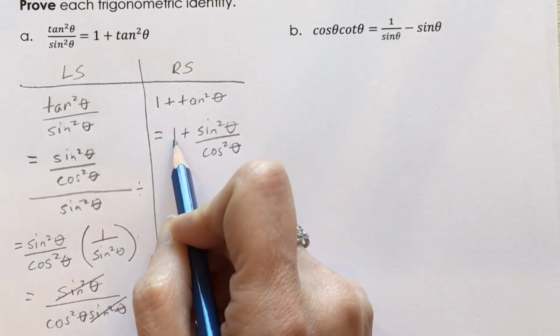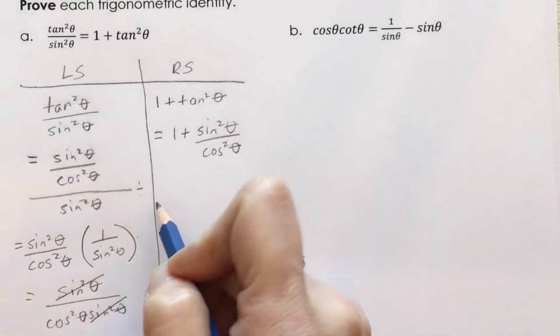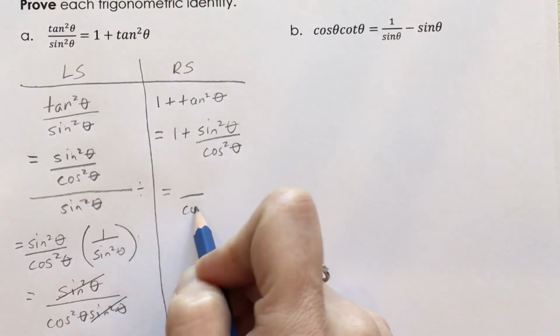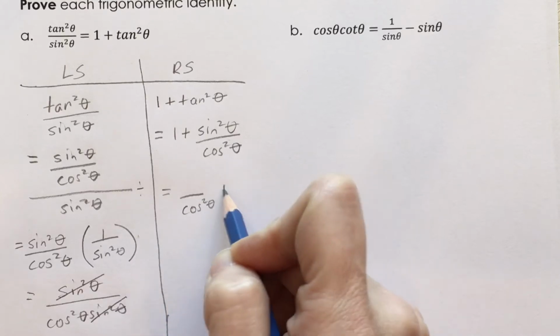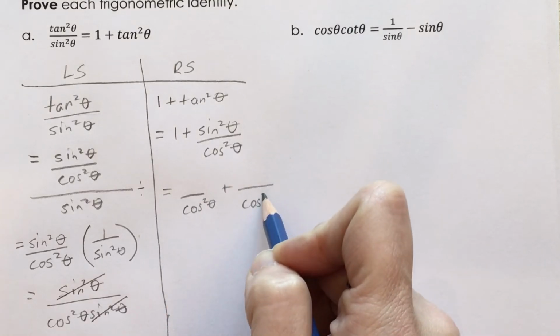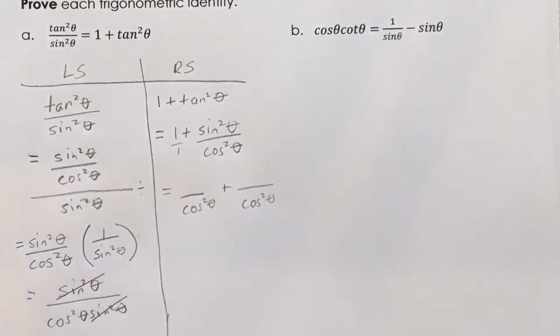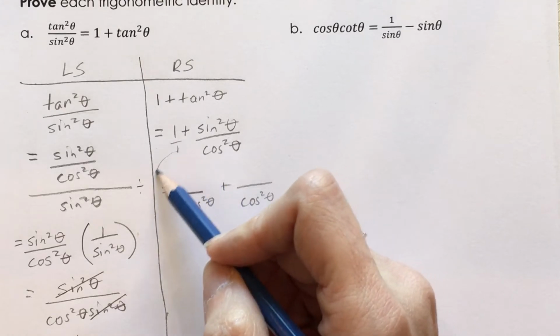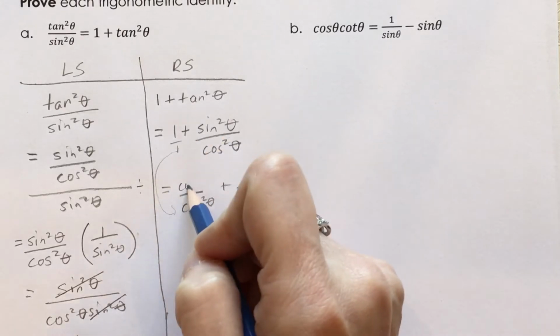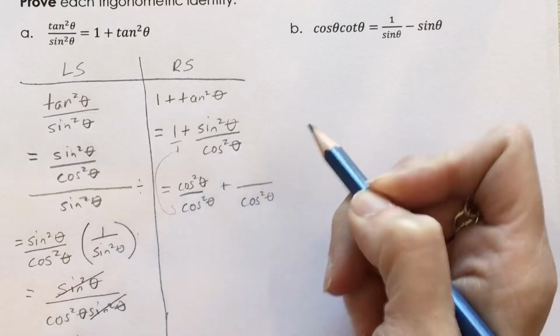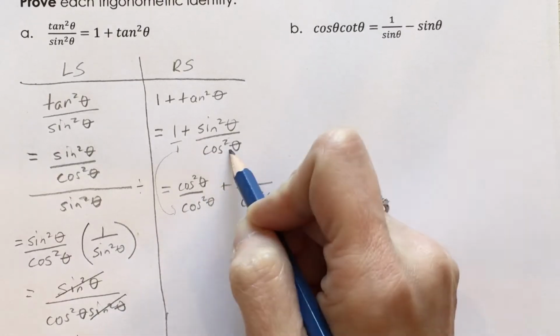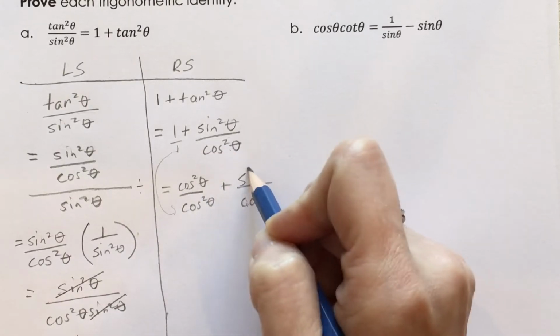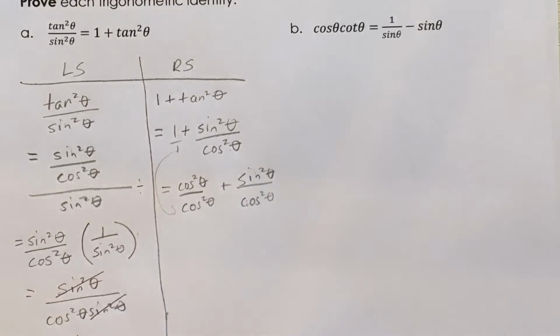But then we're adding a whole number and a fraction, so we can get a common denominator of cos squared theta, because the denominator there is really a 1. So the denominator, we had to multiply by cos squared theta, so we have to multiply the numerator by cos squared theta. And here the denominator already was cos squared theta, so the numerator stays the same.